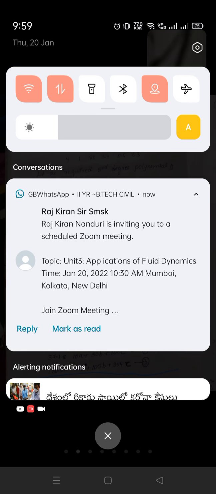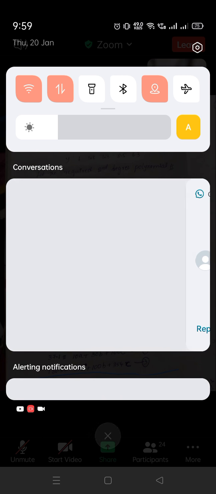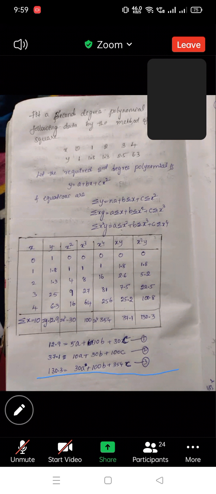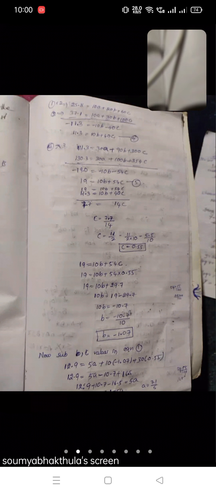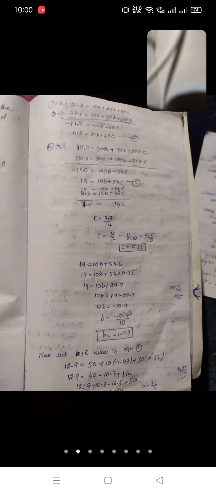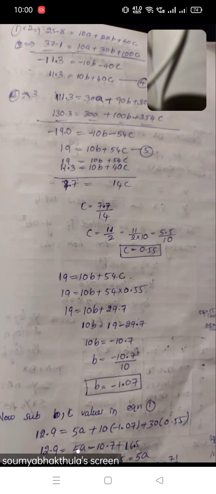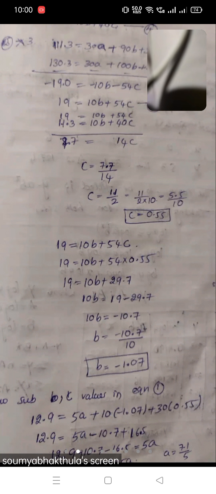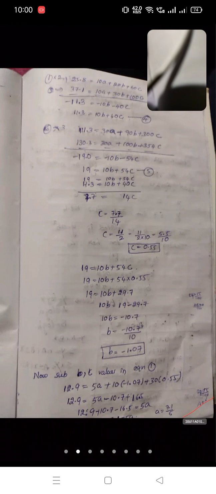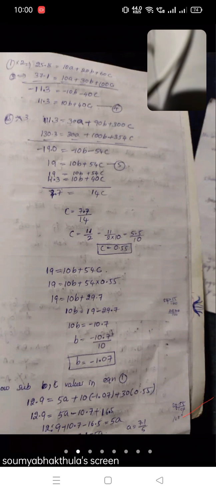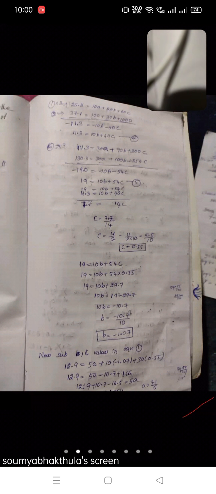Solve these three equations using the calculator, or you can use your mind also. So you will get like this.